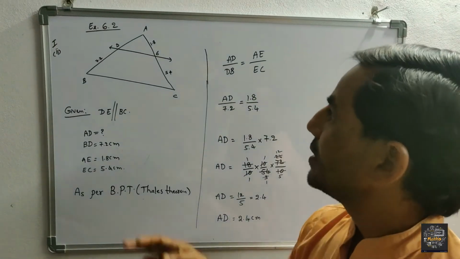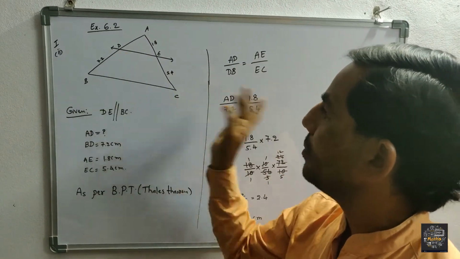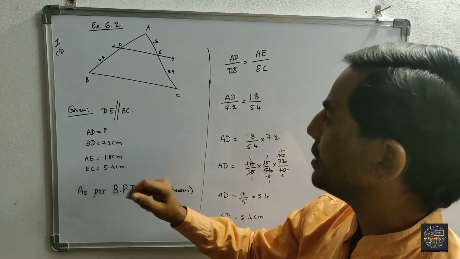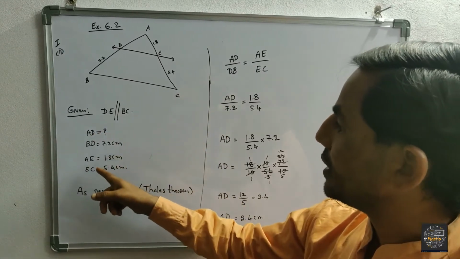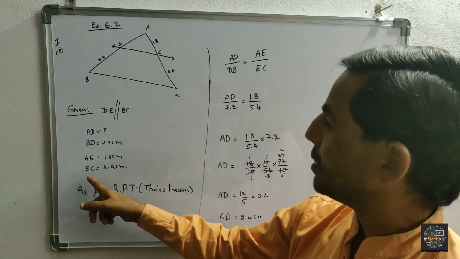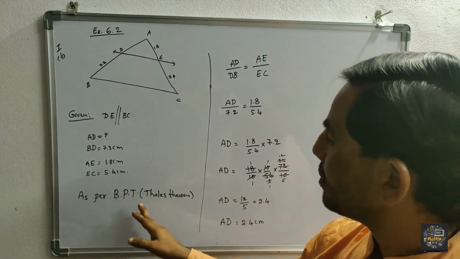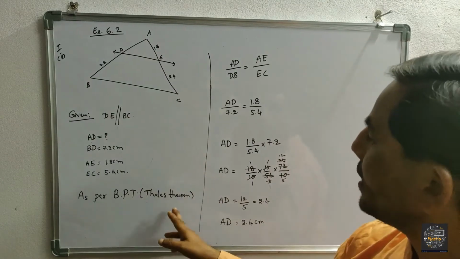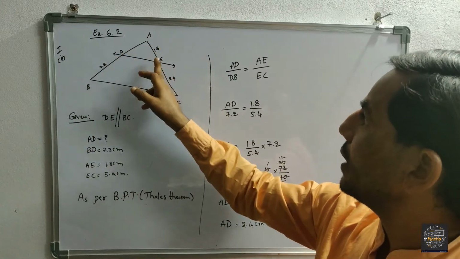Second question: ABC triangle, here DE is parallel to BC, already given. Next, the AD value is required. BD is equal to 7.2 centimeter, AE is equal to 1.8 centimeter, EC is equal to 5.4 centimeter. Same, as per the basic proportionality theorem or Thales theorem, AD by DB is equal to AE by EC.